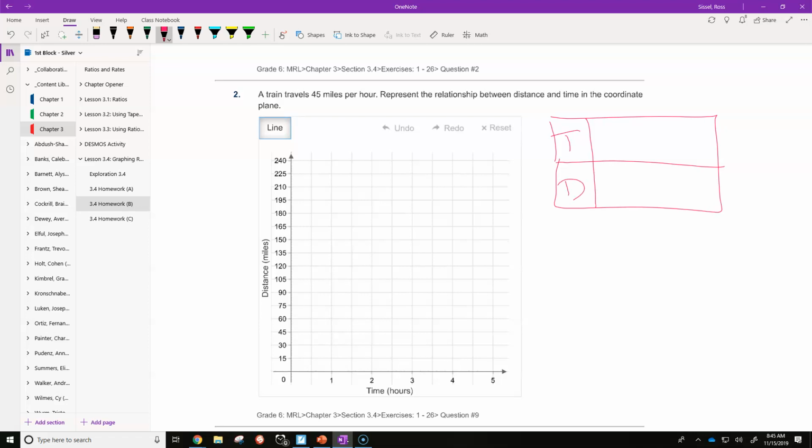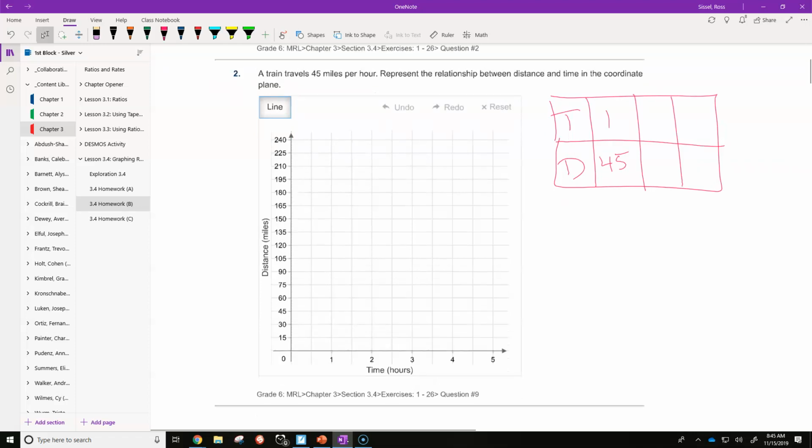Remember, X to Y. If it went 45 miles in 1 hour, there's your first ratio. How many ratios do you have to have? 3. Okay, even if Big Ideas is not making you, when you turn this in, I'm looking at everyone's paper to see, did you make a table with 3? Okay, so number 2, if there's not a table, you have to show it. That's 2 questions you have to show work on.